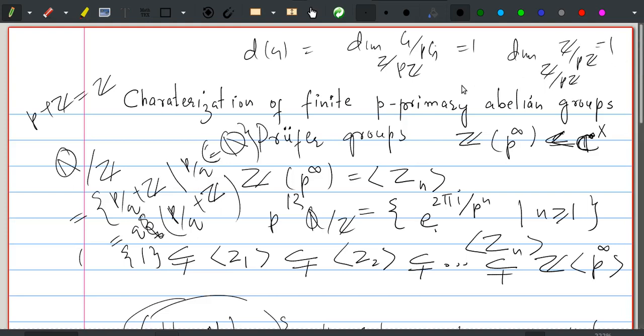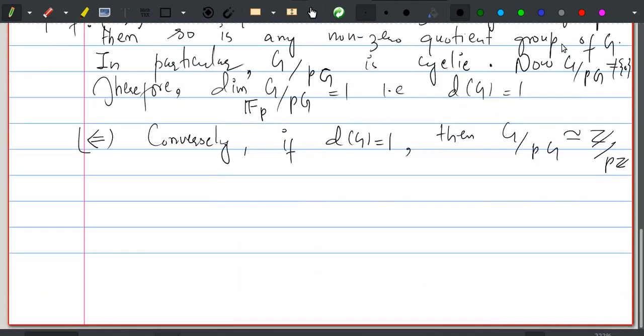Now any two vector spaces with the same dimension are isomorphic, so this G/pG has to be isomorphic to this Z/pZ.